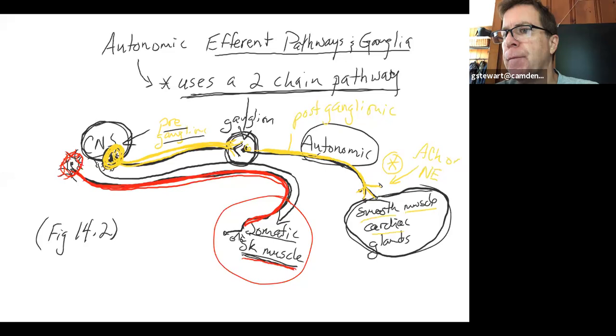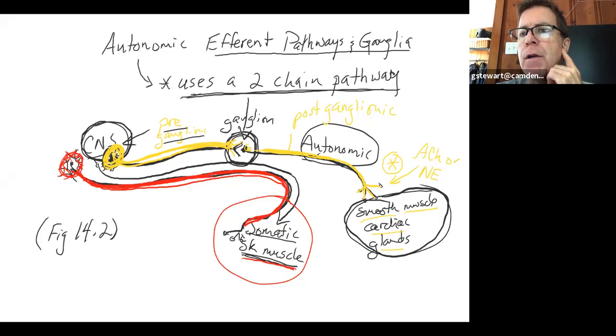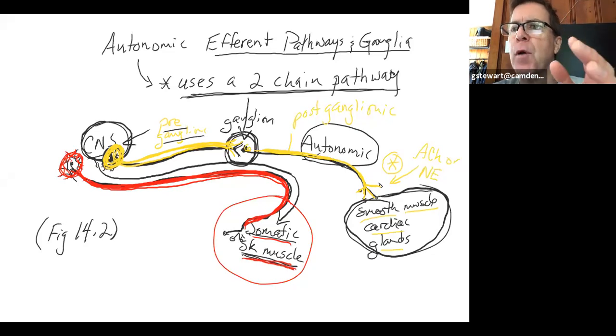Depending on the receptor at the effector. Okay, so the red pathway is more simplistic than the yellow pathway. It's a one neuron chain, and it always releases acetylcholine, and it's always excitatory. That is somatic skeletal muscles. The autonomic nervous system uses a two-chain system called pre- and postganglionic neurons.